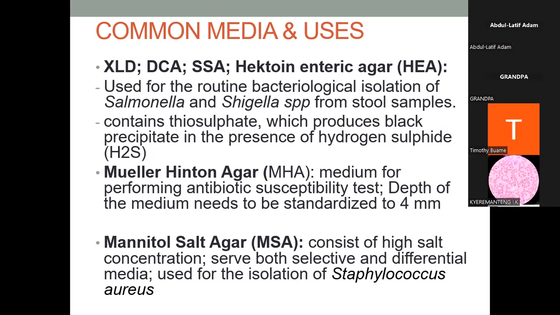So you should have this in mind, that a medium called Hektoen enteric agar replaces SS agar and DCA and so forth. They are better isolators. They isolate Salmonella and Shigella better than the DCA and the SS agar.